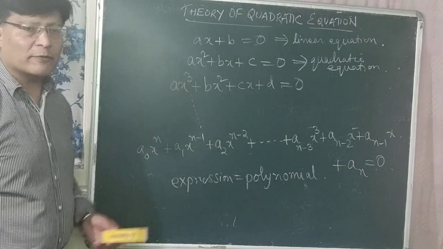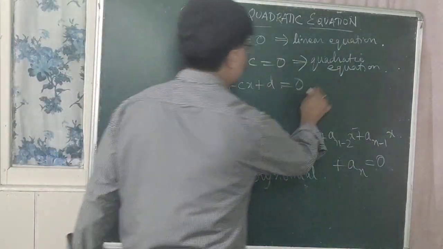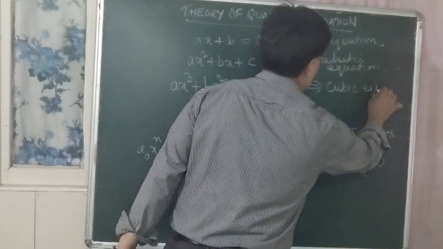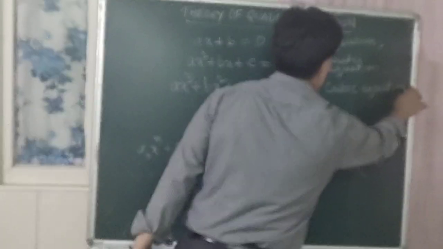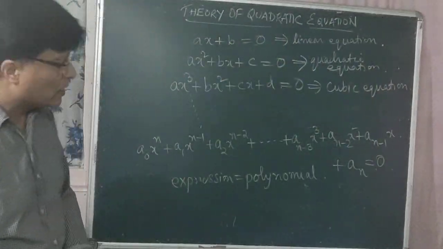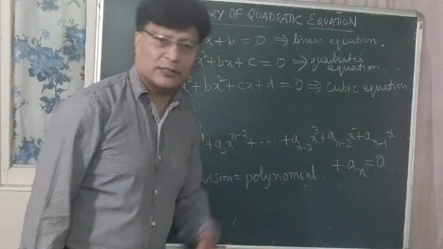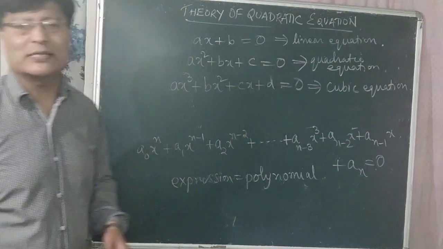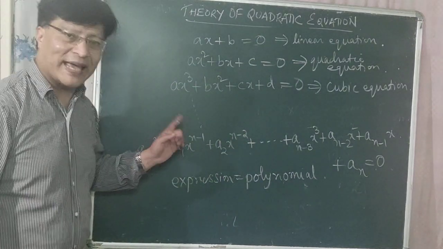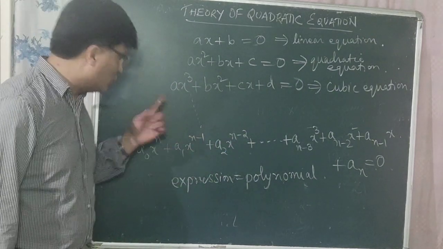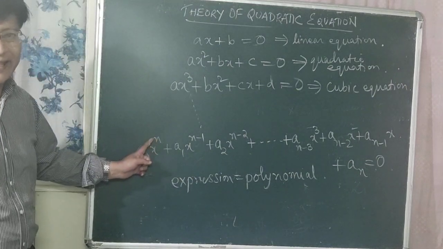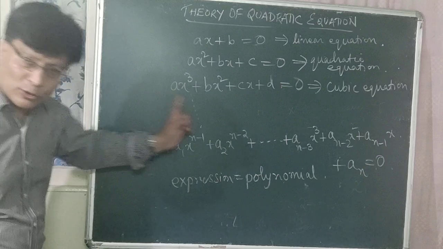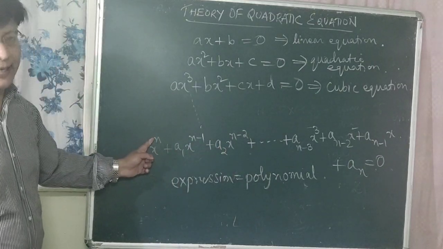And since here the highest power of x is 3, this is known as a cubic equation. This last one is also known as an equation whose highest power of x is n, and this expression is also known as a polynomial of degree n.